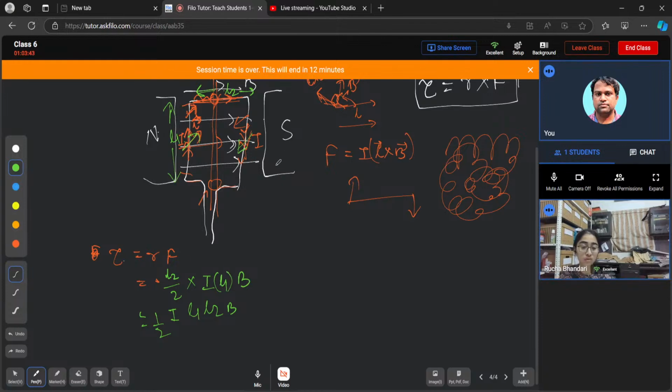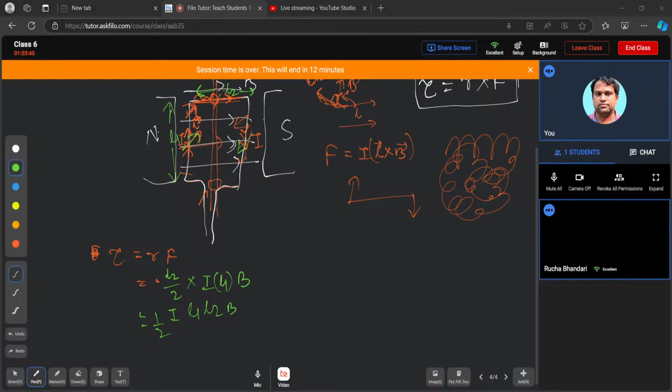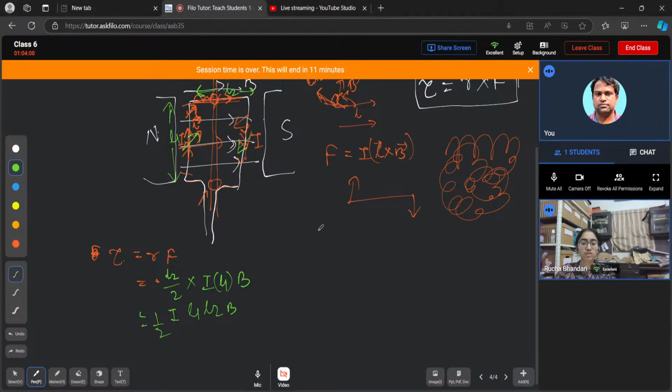Practically, if we analyze, we can add them. But won't they cancel each other, because the direction is different? For rotation, if a force is applied here and a force in the opposite direction on the same line, they will cancel.